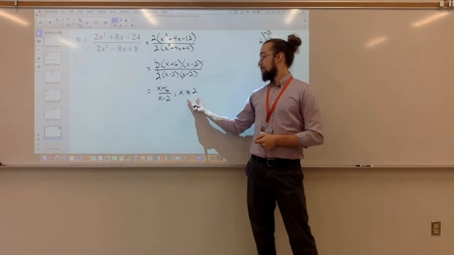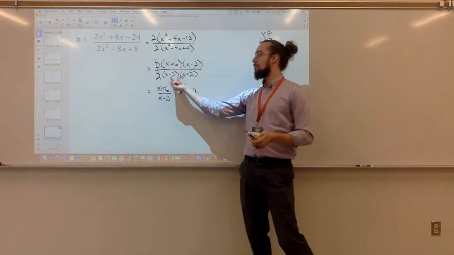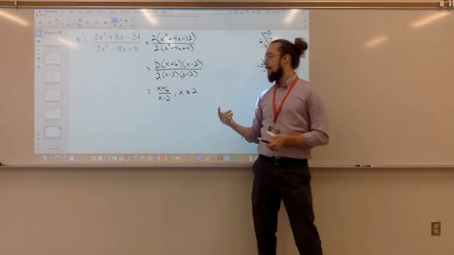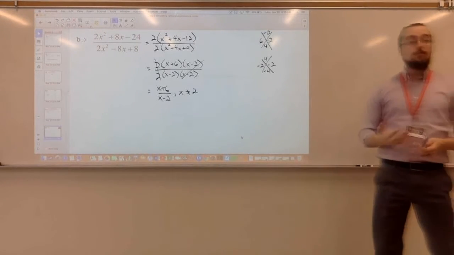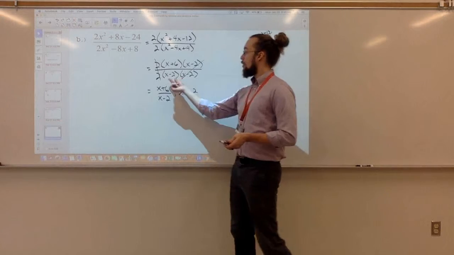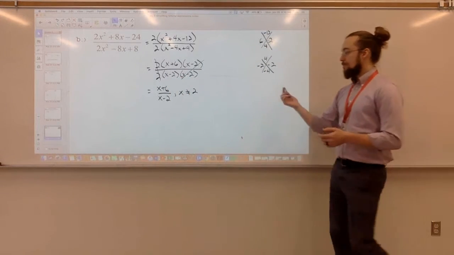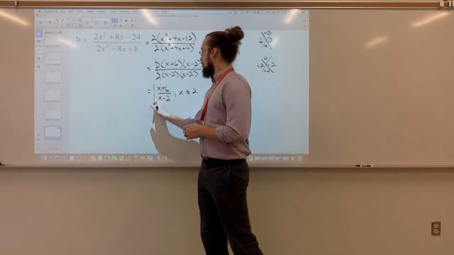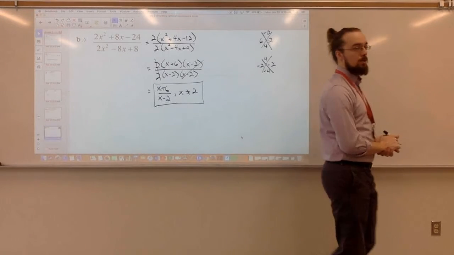I can't have positive 2. So I don't have to write it again. If I just get the same restriction from both of those, I would say x cannot equal 2. And so that would be my only restriction here. That's the only value of x that would make the denominator equal to 0. So that's my answer. X plus 6 over x minus 2, and x cannot equal 2.